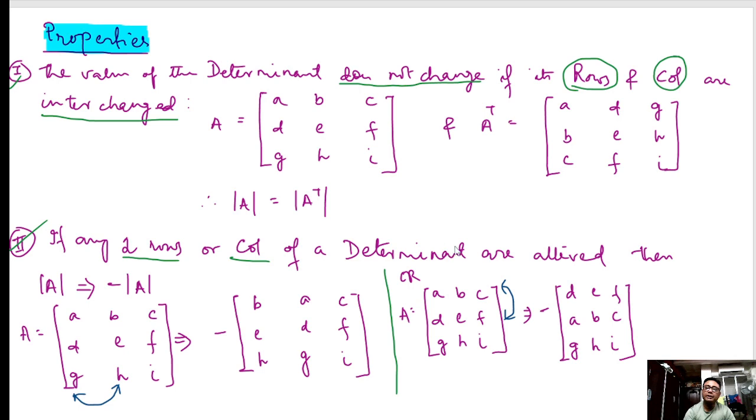Second property: if any two rows or columns of a determinant are altered, that means we are interchanging this column and this column, or this row and this row, the value of the determinant will remain the same, but there will be a minus sign.